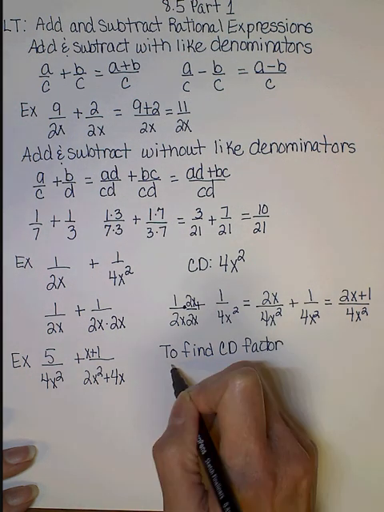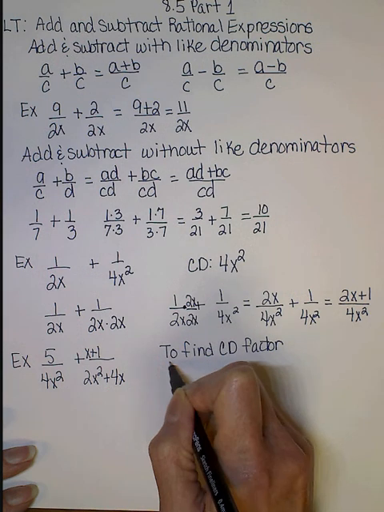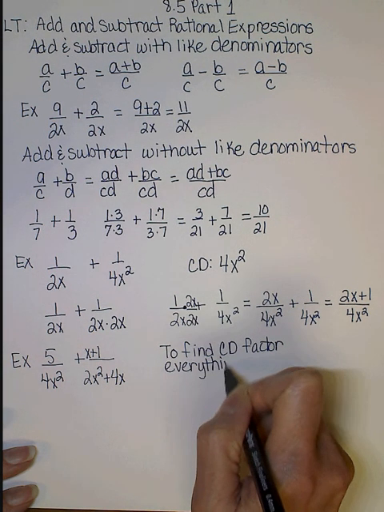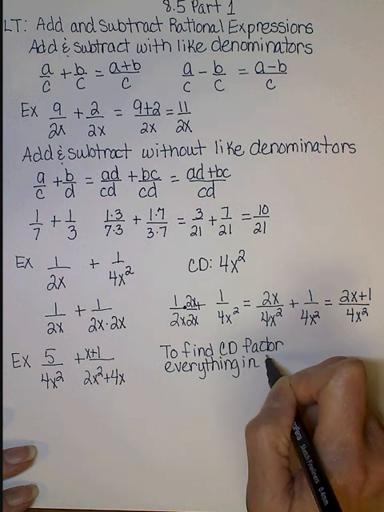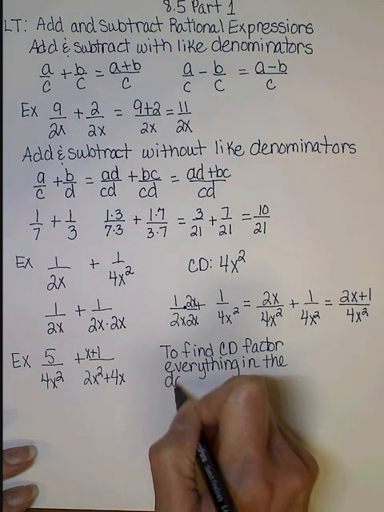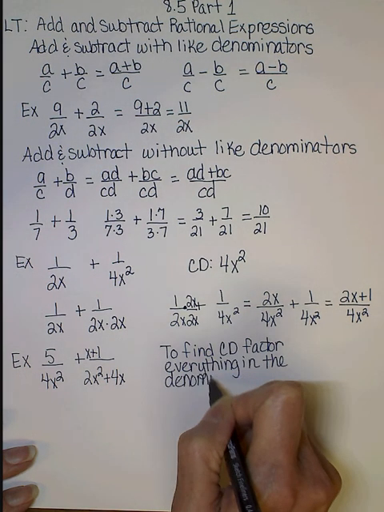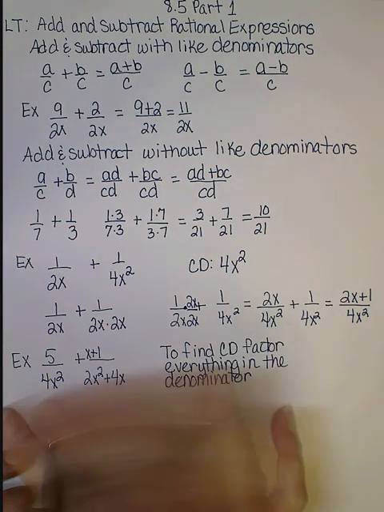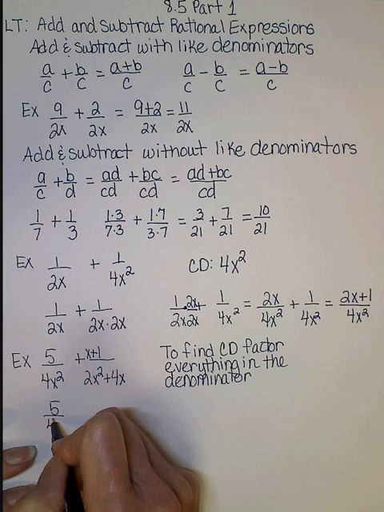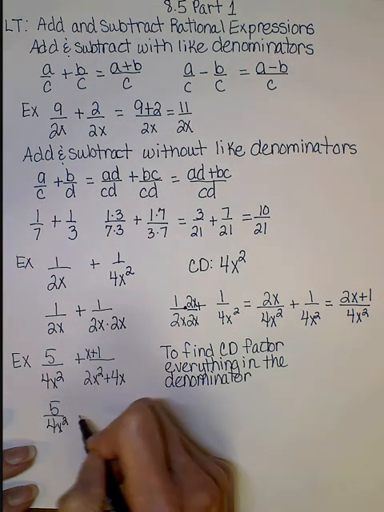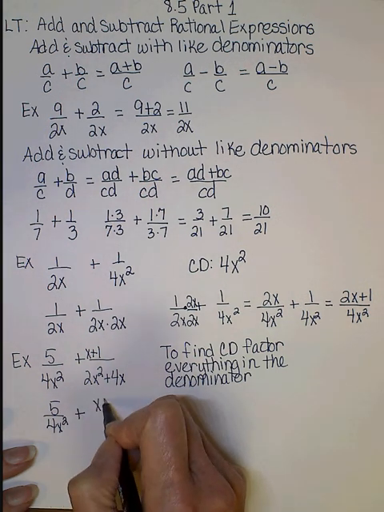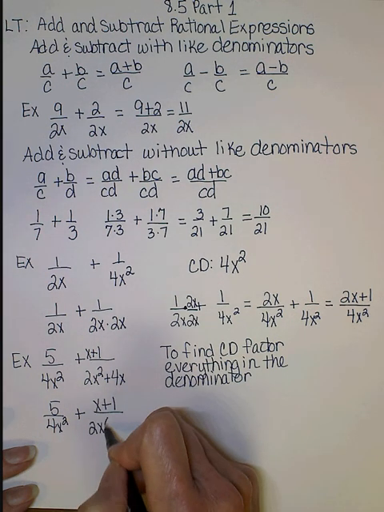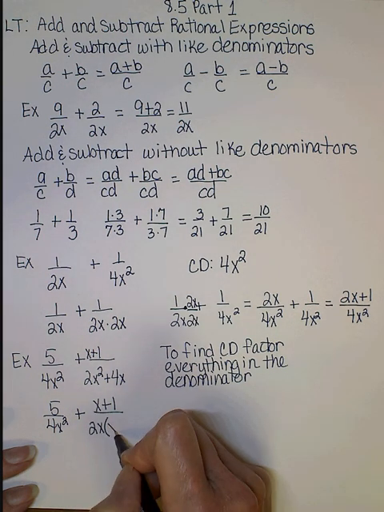And we're talking about factoring everything in the denominator. Alright, so this one I don't factor because it's not factorable. And then this one, the denominator, I could bring a 2x out of each of these. So I'm going to factor out a 2x, and that would leave me with x plus 2.